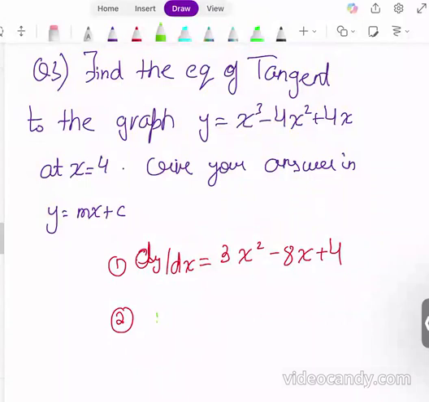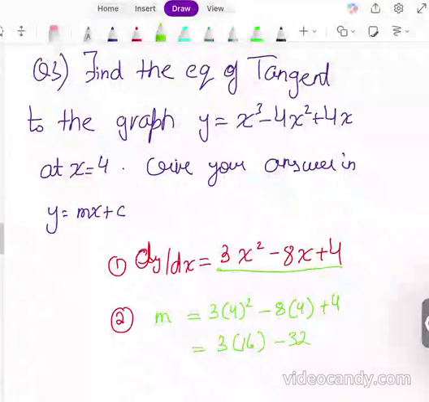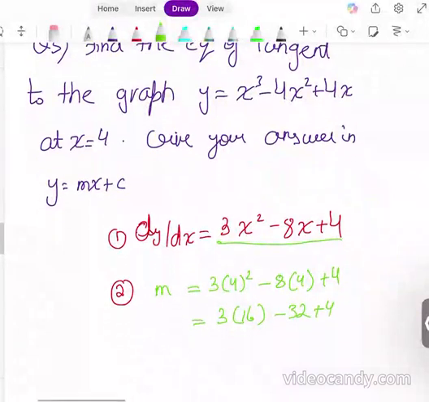We have to put the value of x in this derivative. That is slope m. This will be 3 times 4 square minus 8 times 4 plus 4. 4 square is 16, 16 times 3 is 48. So 48 minus 32 plus 4.